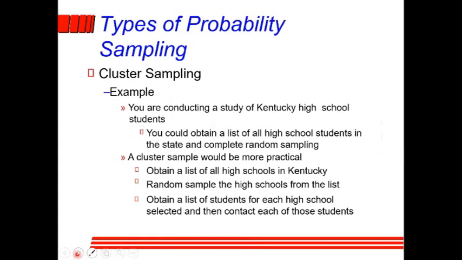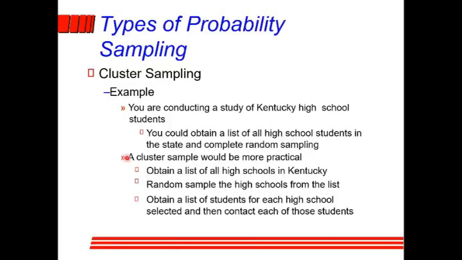So, for the example of cluster sampling, say you are conducting a study of Kentucky high school students. You could obtain a list of all the high school students in the state and complete the random sampling. So first, we need to obtain the list, because we need it to conduct the study on Kentucky high school students.